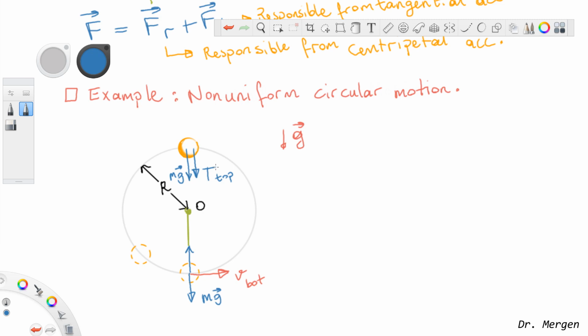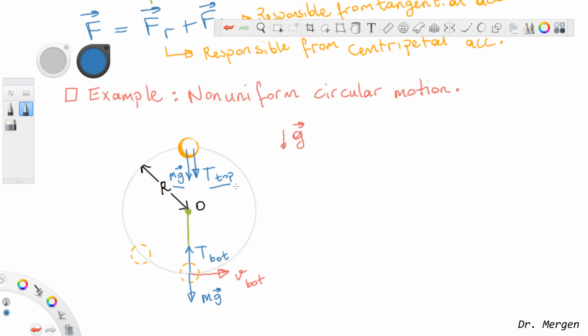At the topmost position, the tension on the cord and the weight of the sphere are directed downward. When the sphere is at the lowest position, the tension of the cord is looking upward.